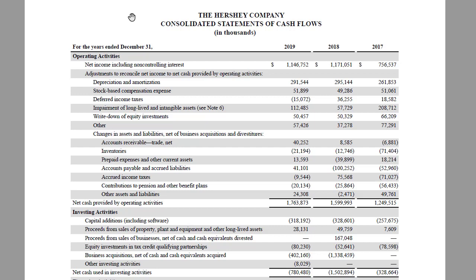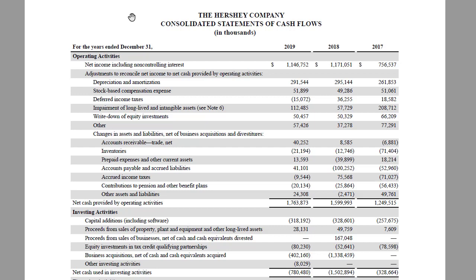Forgetting the cash flow statement, in my view, is a mistake because they really tie them together and give you additional information that you really can't gain easily from just looking at, say, the balance sheet.